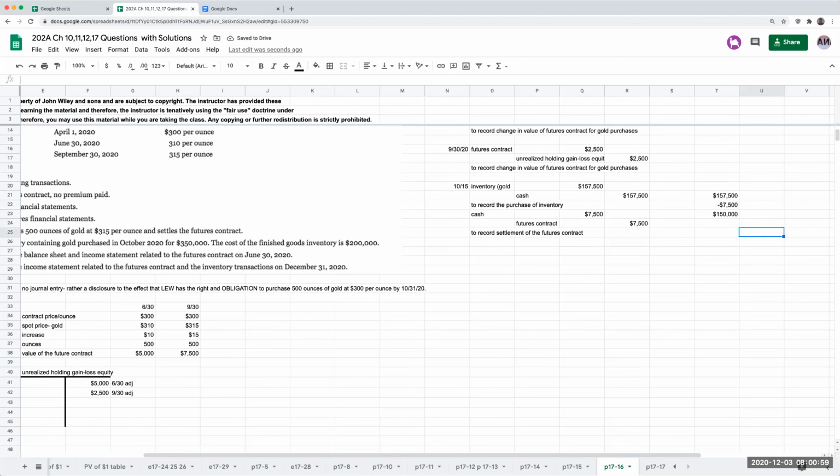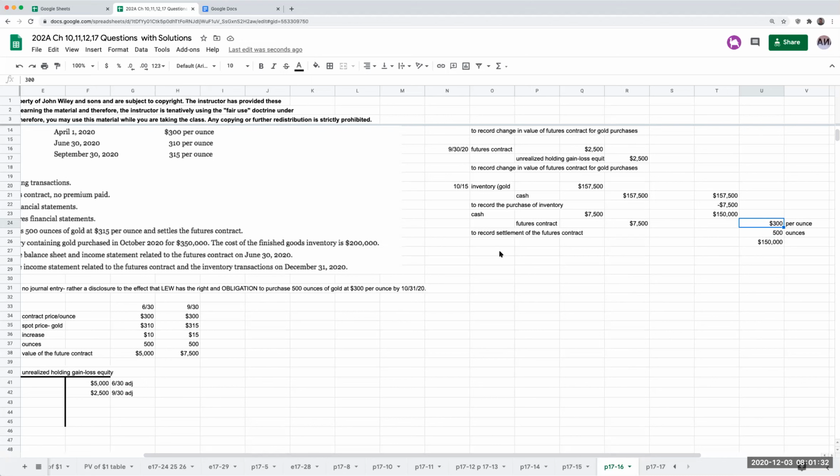And what this really represents is that I've got a $300 per ounce price. I'm buying 500 ounces, so it's a total of 150,000. That's why this futures contract is getting me into this.